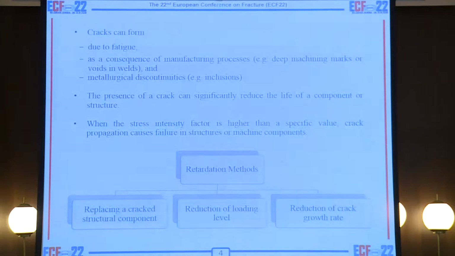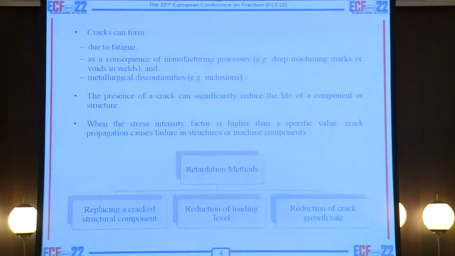Replacing the crack component is not always applicable because of the expenses and also sometimes due to the limited time that we have. Reduction of loading level, that is also not always possible because you have a defined load that is applied to the component, and it's not always possible to reduce this.